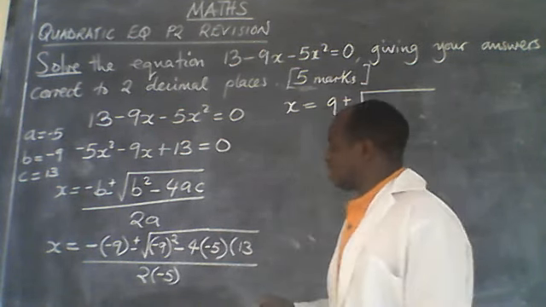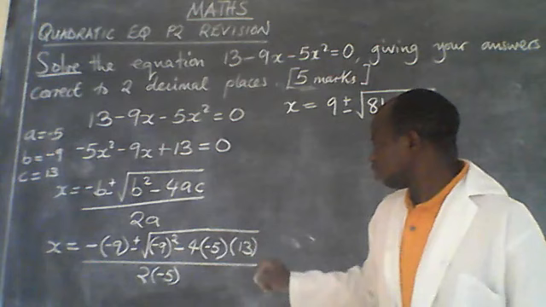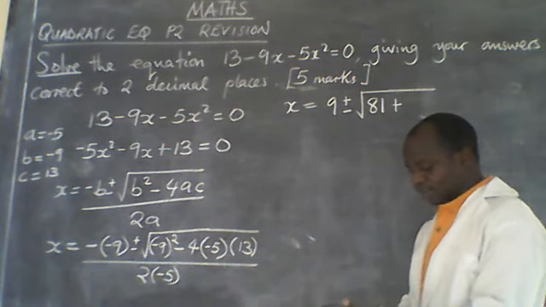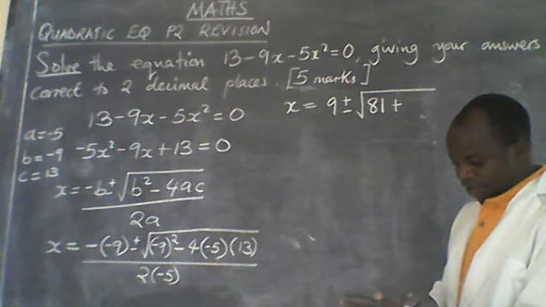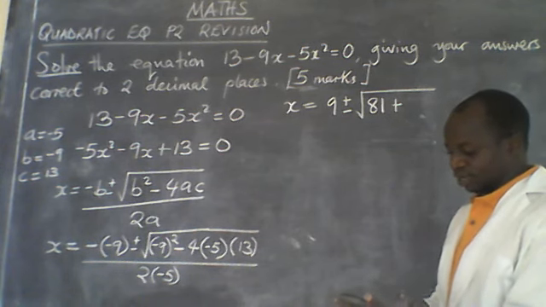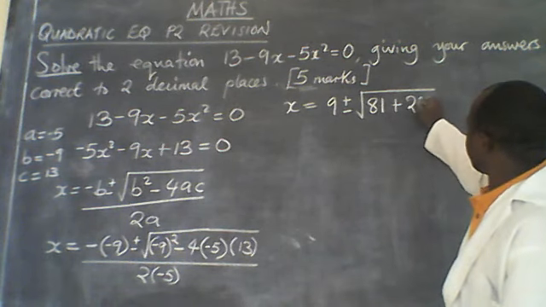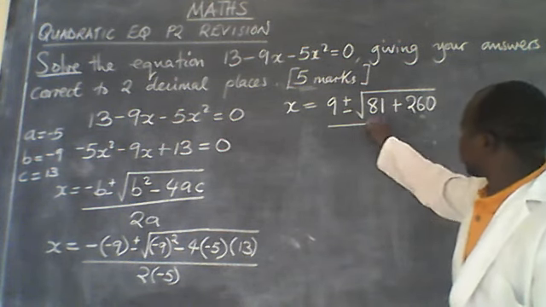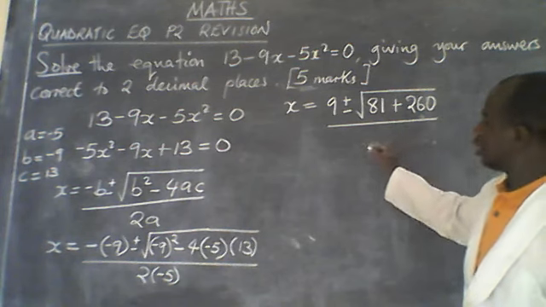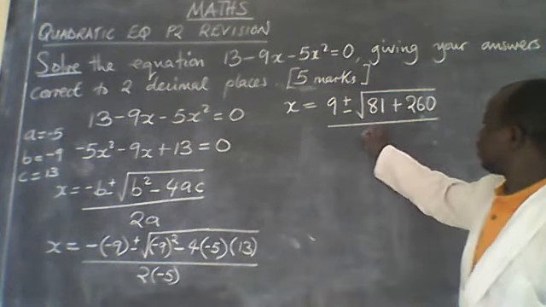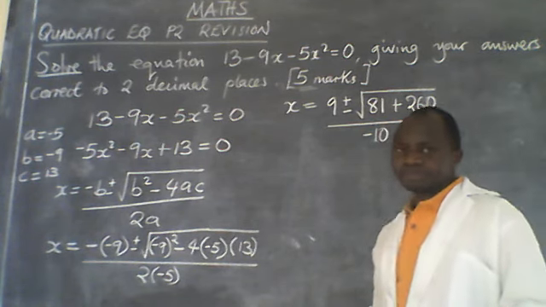Now numbers will be 4 times 5 times 13. Now I can use the calculator. My answer will be 260. So plus 260. Everything here over what? 2 times negative 5 gives me negative 10.